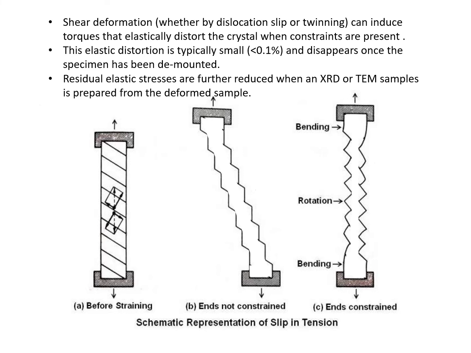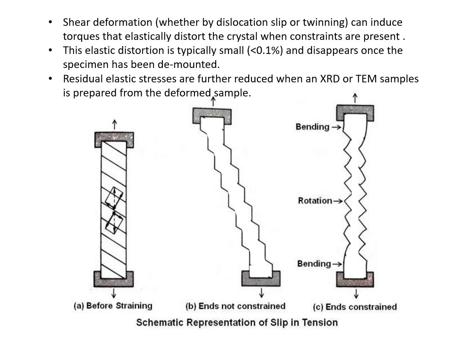So if you work out in a typical tensile specimen what that stress is and what the distortion is, then it's actually quite small. The elastic distortion typically is less than 0.1%.